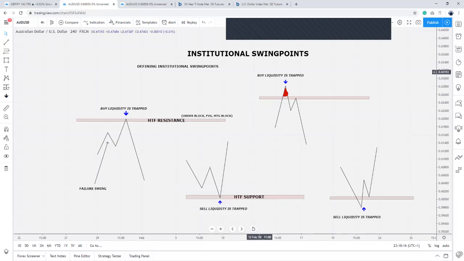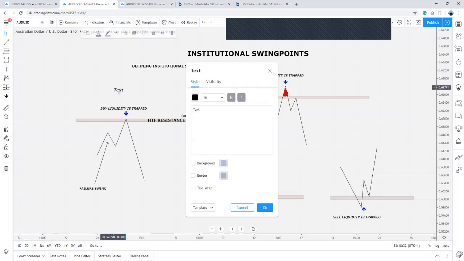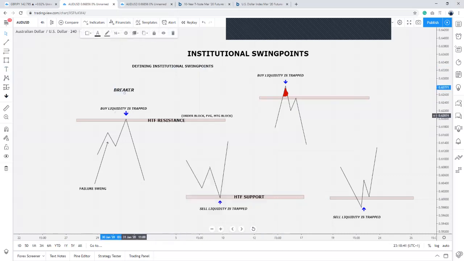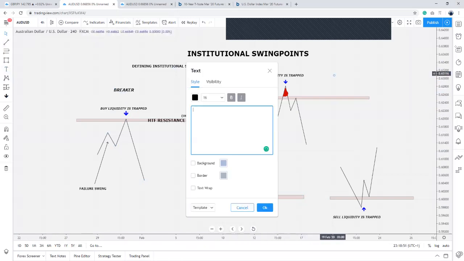But when we're defining market turning points from an institutional standpoint, there are basically only two ways the market reverses from a level. We have the breaker, which is what you see here for the sell side, the buy-to-sell reversal and then the buy reversal. And then we have the failure swing.